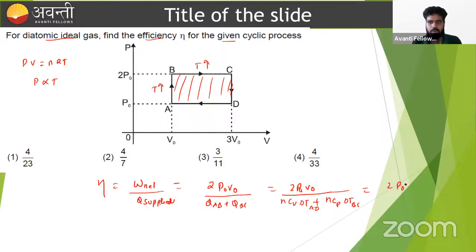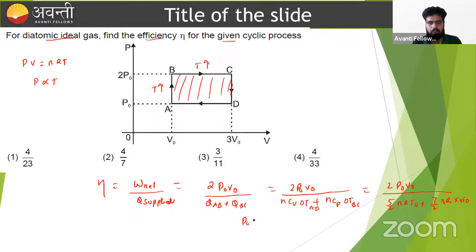Put the value of P naught V naught, and we know how we can write down the CV. If we put the value of CV for diatomic gas, this will equal 5 by 2 nR T naught, and CP will equal 7 by 2 nR, and the temperature difference for B to C will equal 4 T naught.